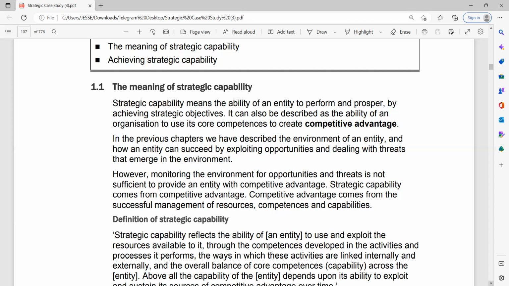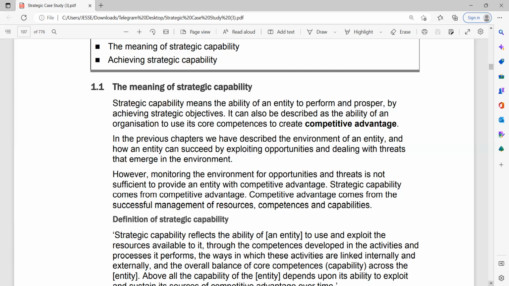Very, very important point. In the previous chapters, we have described the environment of an entity and how an entity can succeed by exploiting opportunities and dealing with threats that emerge in the environment, right? In previous episodes, we discussed more about the external environment.